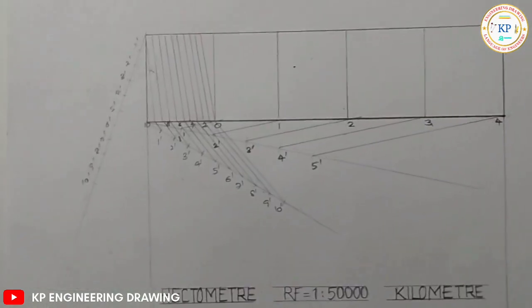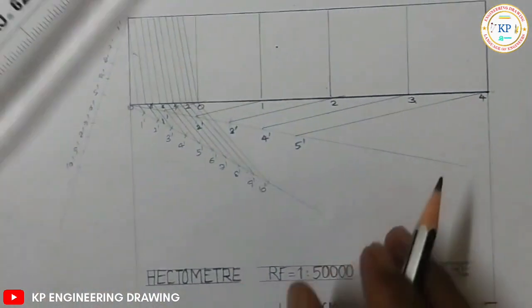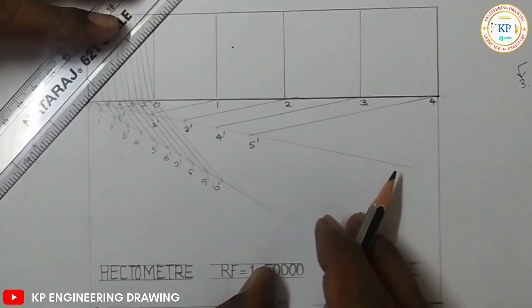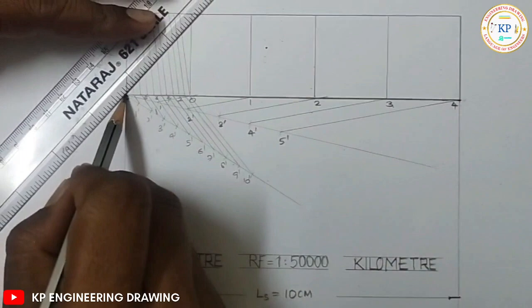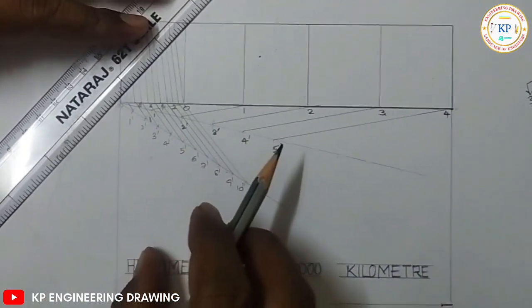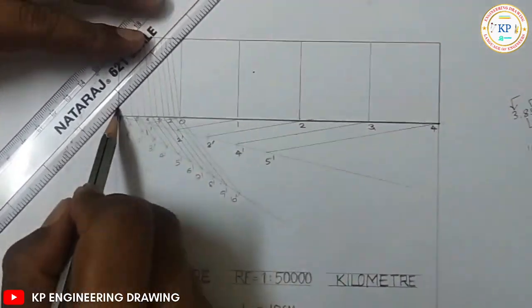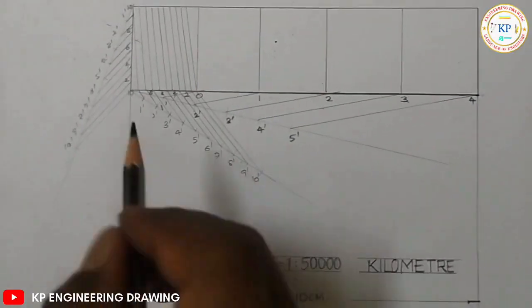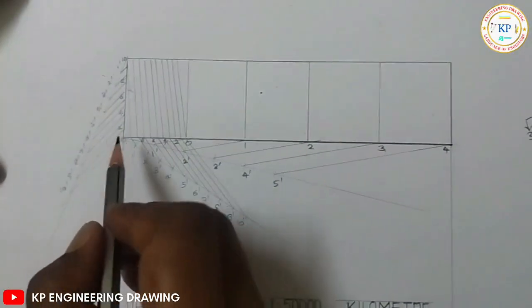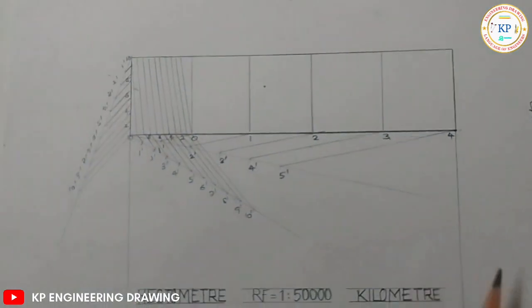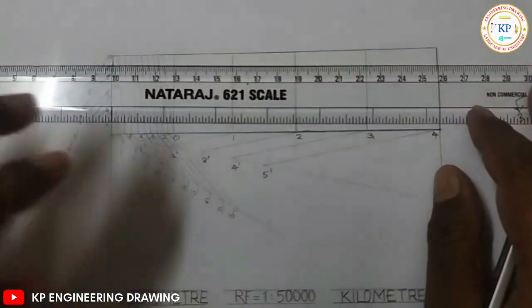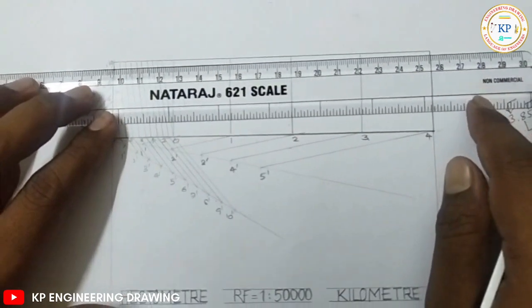Now you join the 10th point and the corner point. Fix your drafter and move to the next point. So here also we have divided into 10 equal parts and we have mentioned 2, 4, 6, 8 and 10. Now you draw all horizontal lines from these points.